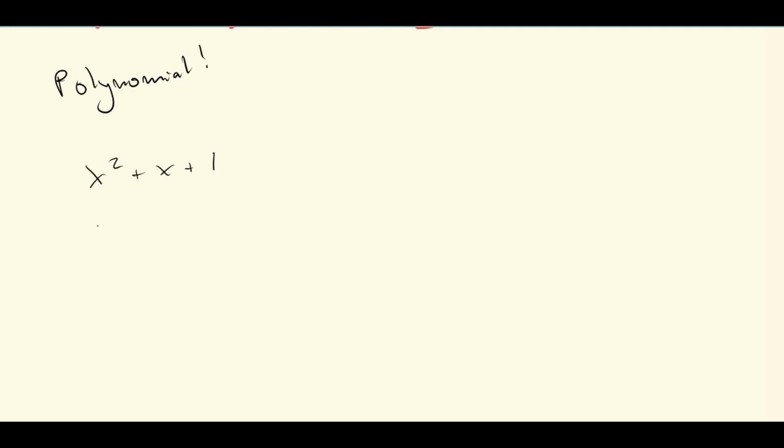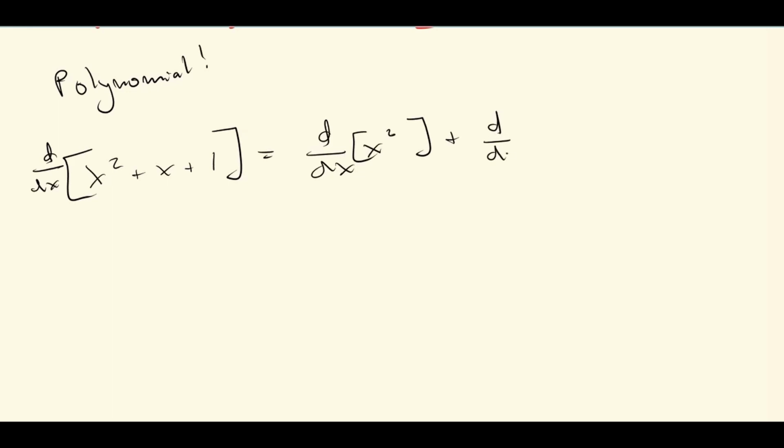Well, there's another rule in calculus that says that the derivative of a polynomial is just going to equal the derivative of each term. So that's going to equal the derivative of x squared plus the derivative of x plus the derivative of 1.